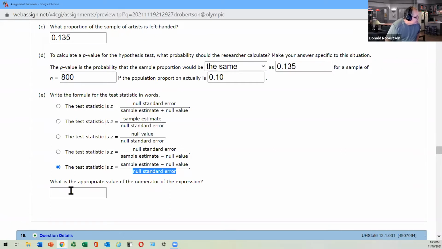And they ask us here, what is the appropriate numerator on this expression? The numerator is that guy there, the top guy. And so if I look at our values, the sample was 0.135, take away 0.10. And so the answer is 0.035.